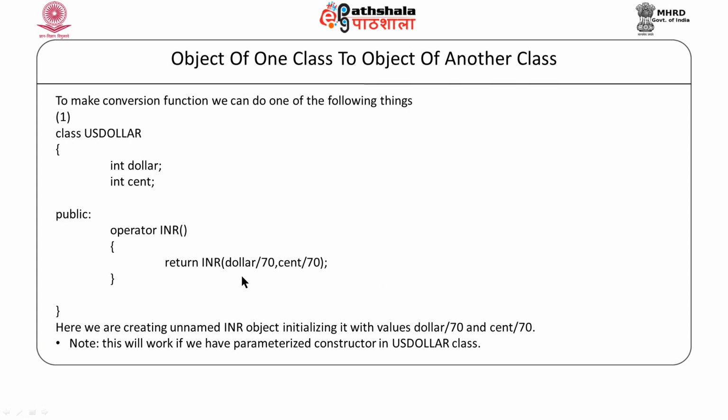Here we are creating a named INR object, initializing it with the values with which we want this object to be constructed, and therefore there is no need of accessing rupee or paisa. The object will be constructed by means of a constructor, but we need to note here that this will work only when we have a parameterized constructor in the INR class.